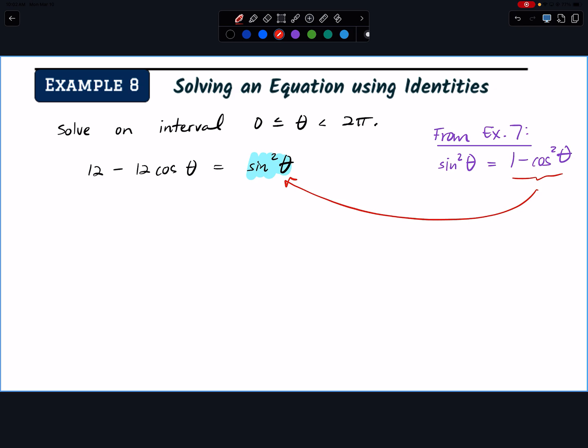So if I do that, I'm going to get 12 minus 12 cosine theta is equal to 1 minus cosine squared theta.